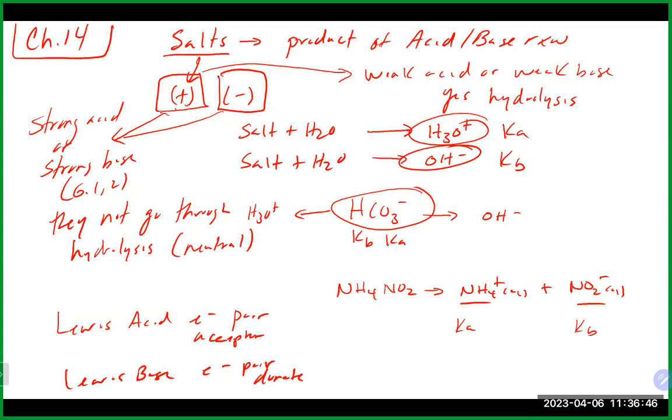Okay, then we're going to finish up the first half of this chapter here, talking a little bit more about how we deal with polyprotic acids. Polyprotic acids have more than one hydrogen that they could donate. So we have monoprotic acids, which basically have one H plus they could give.